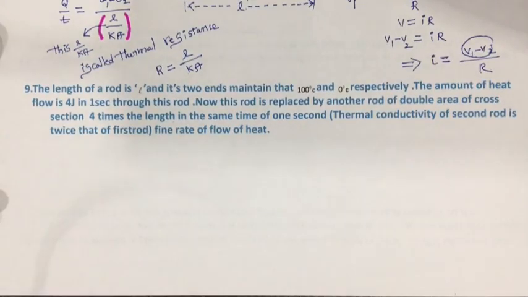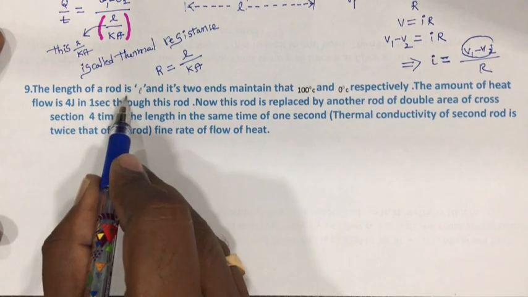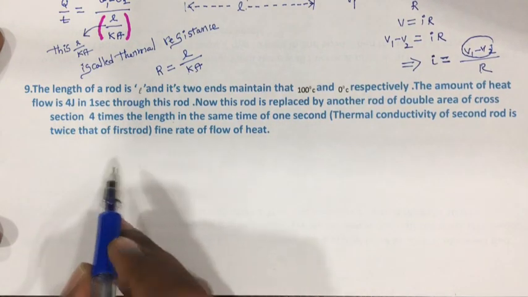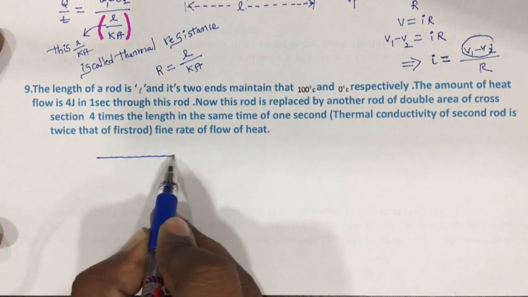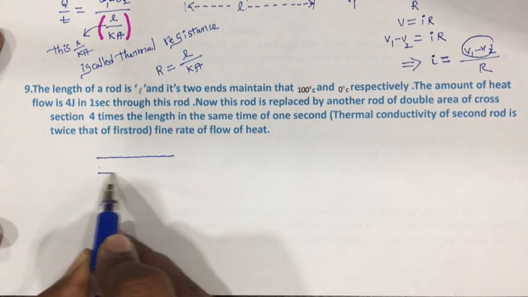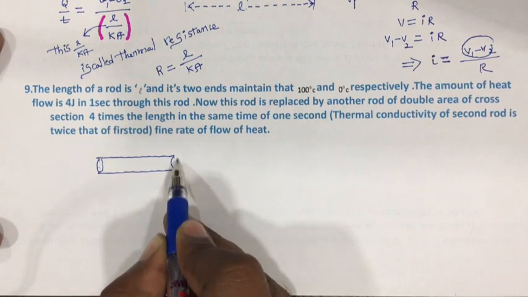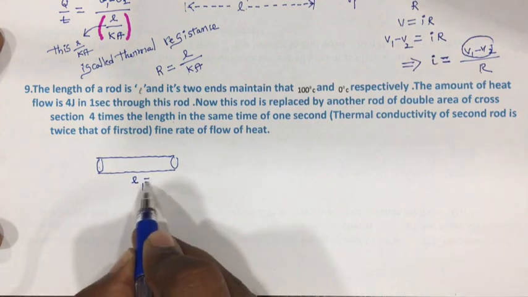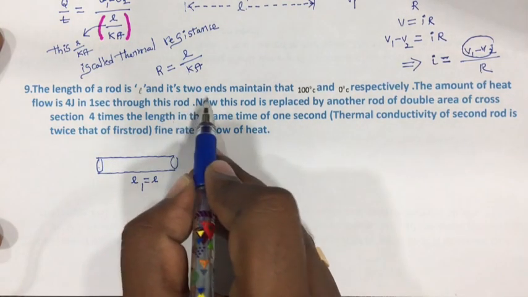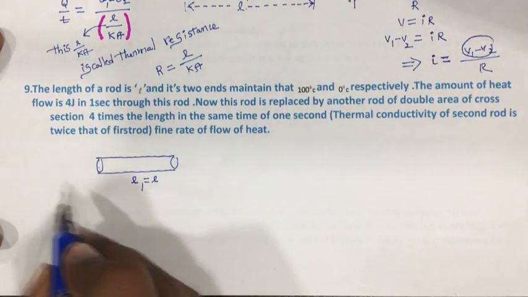So this is number 9. The length of a rod is L. So this is a rod. Its length is L1 equal to L, and its two ends are maintained at 100 degrees Celsius and 0 degrees Celsius.